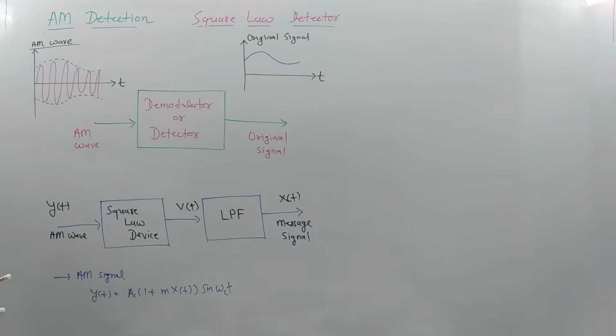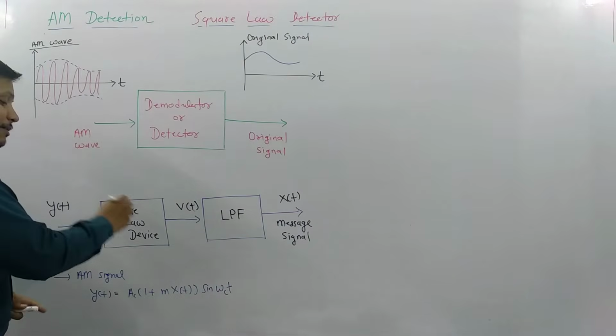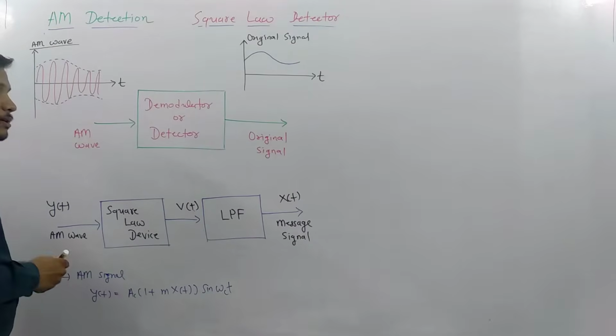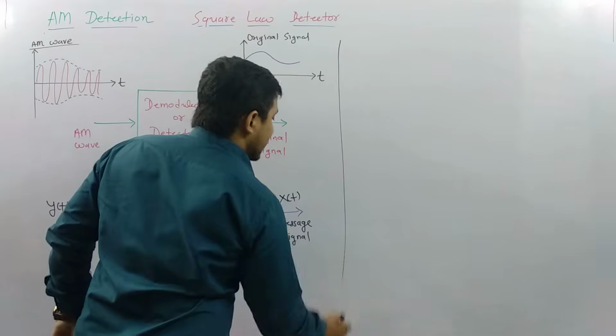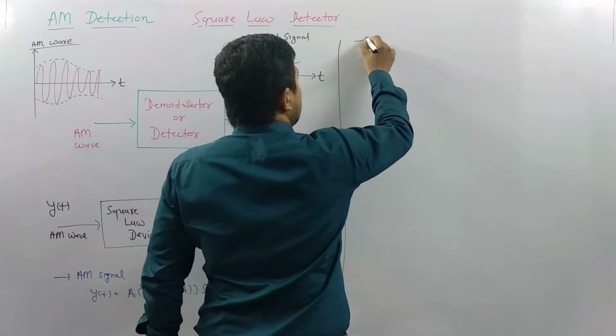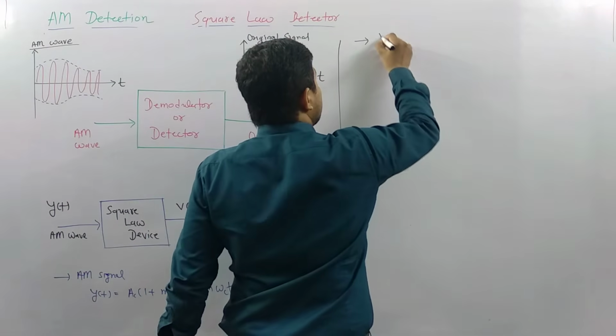Now when you pass this AM signal through Square Law device, your output is VT. Now see, Square Law device, that is having characteristic, and as per that it gives you output. So that output is VT.